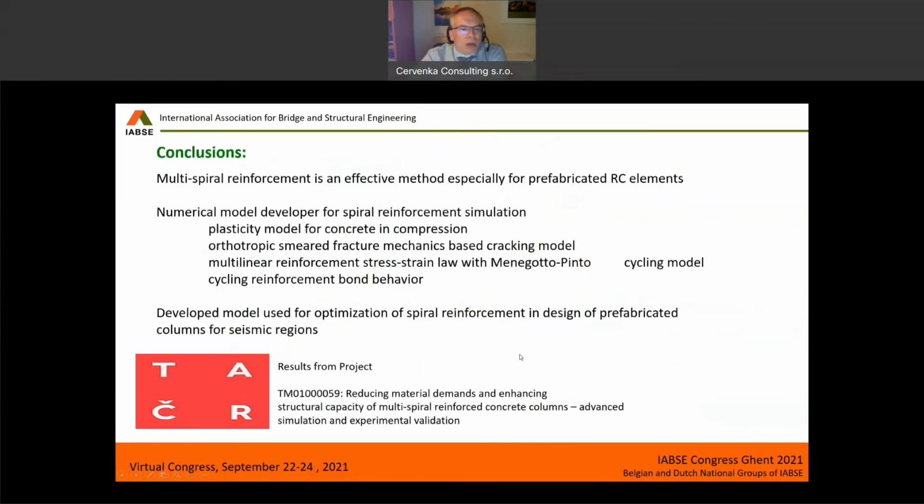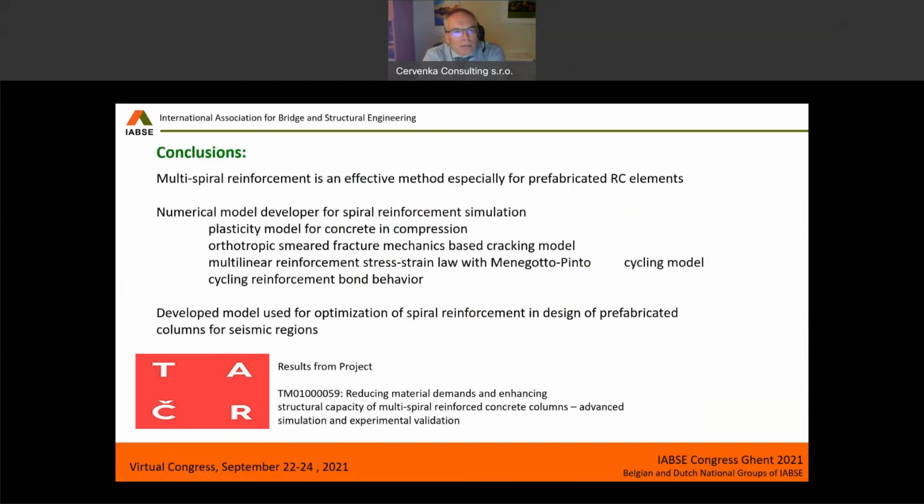So let me summarize. I presented the development of a model for these spiral reinforced RC elements. Spiral reinforcement is a very effective method, especially for prefabricated structures. It allows a very automatic way of production.